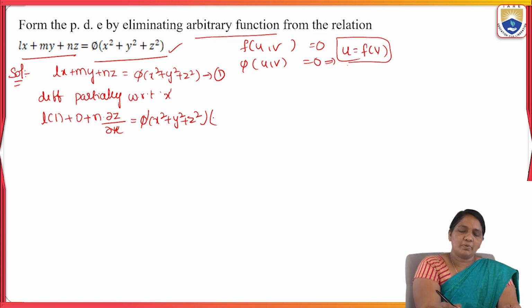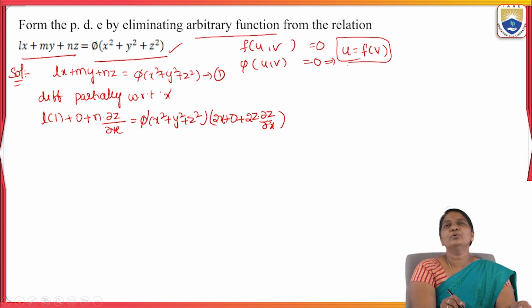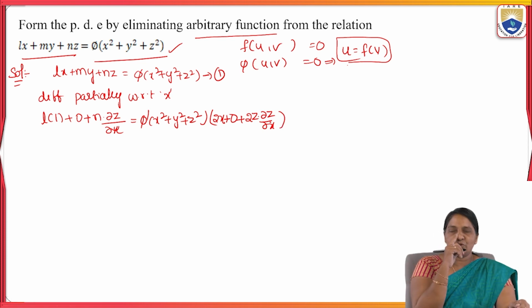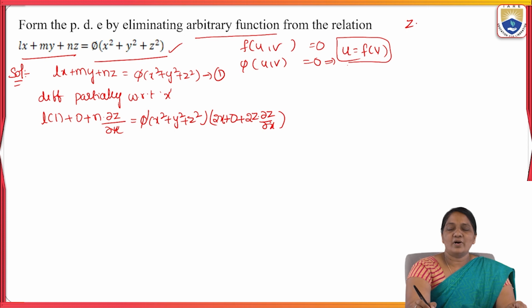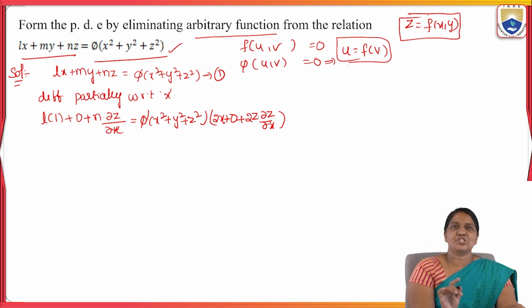For the inner part, x square derivative is 2x, y square is 0, plus z square is 2z into dou z by dou x. As I already told you, we should remember z is a function of x and y. This important point you should remember when doing partial differentiation.